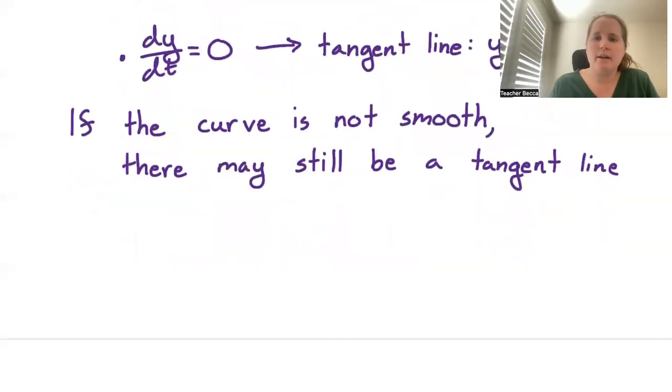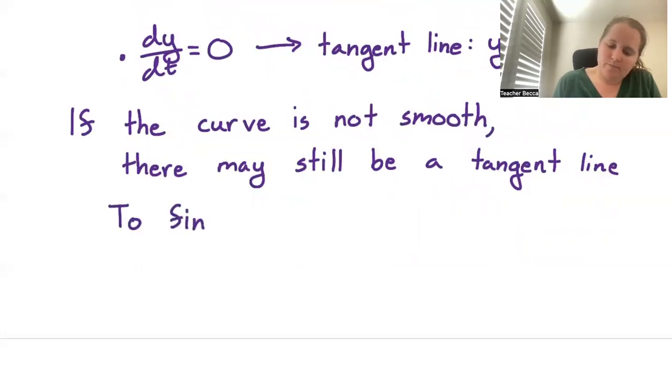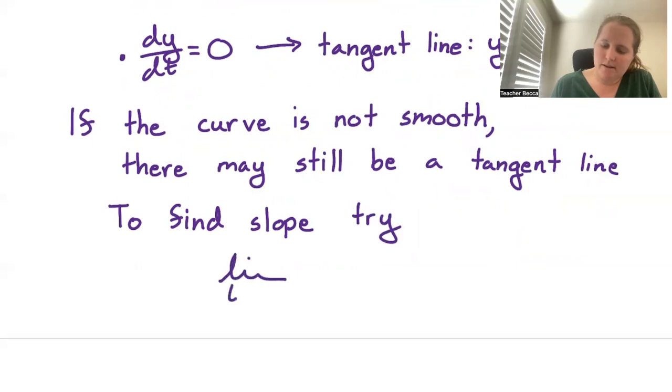The trick for that is to find the slope. Try taking the limit as t goes to t naught of dy dx.